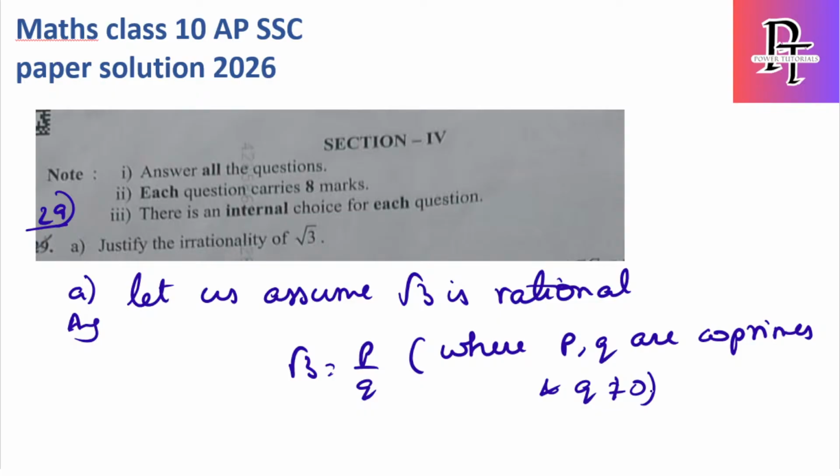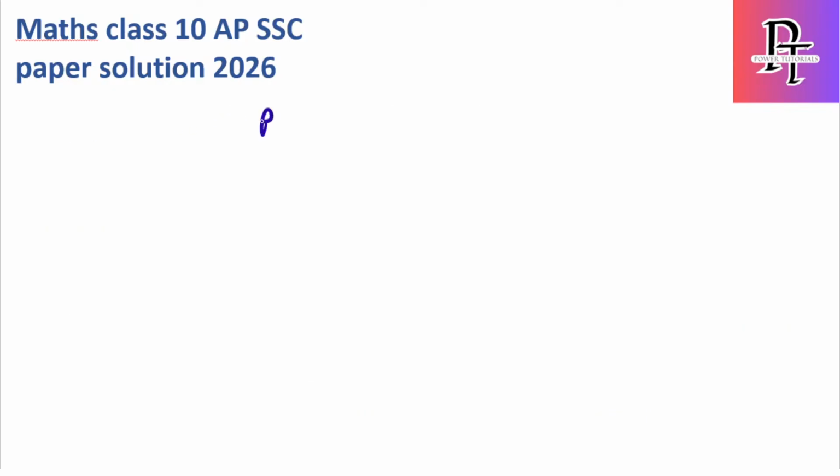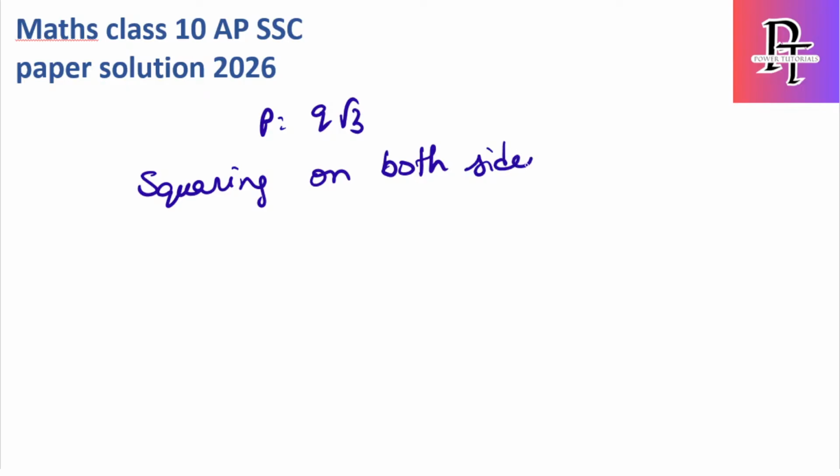This condition is very important, you have to mention this. Okay, now p you will get as q into root 3. Now let's do squaring on both sides. If you do squaring on both sides, what will happen? It becomes p square is equal to 3q square.